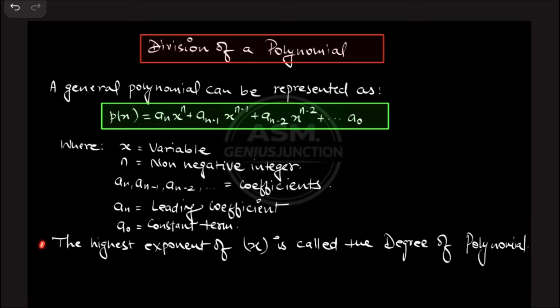One very important point: the highest exponent of x is called the degree of the polynomial. So this polynomial has a degree of n. Degree of polynomial means the highest exponent of the variable; coefficients are there, and a leading coefficient is there.